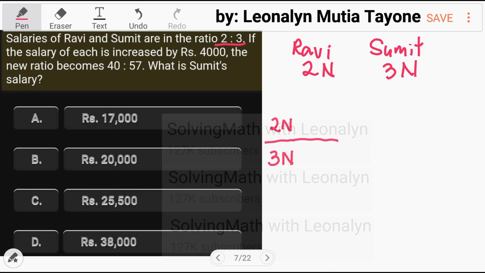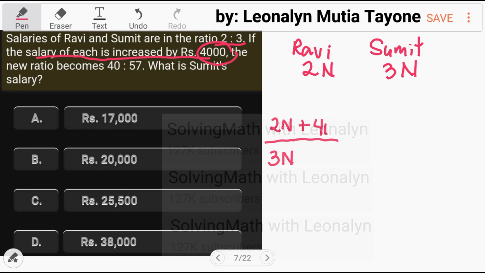Again, nandito tayo sa ratio and proportion. The salary of each is increased by 4,000. Each salary. So, 2n again, yung n natin, yan yung common nating number na i-multiply natin sa ratio para sa actual nilang salary. So, ngayon, mag-add tayo ng 4,000 dito sa 2n.